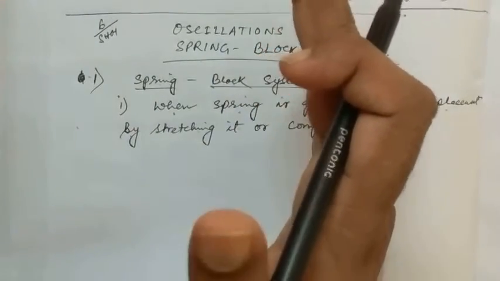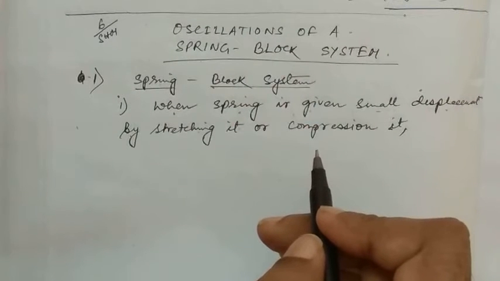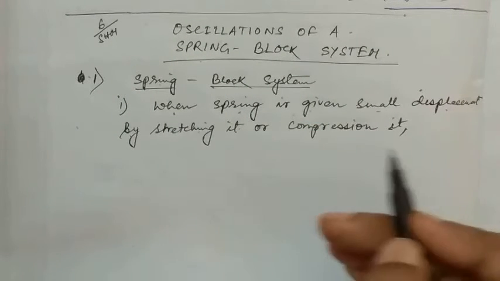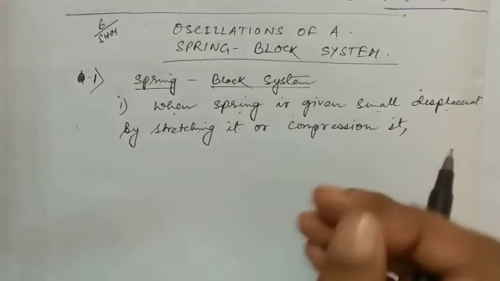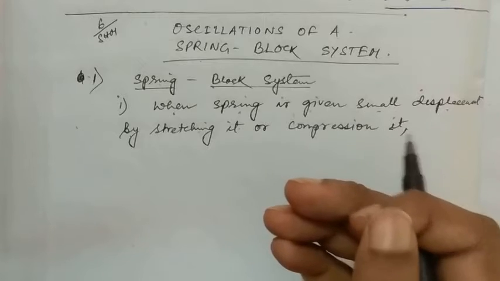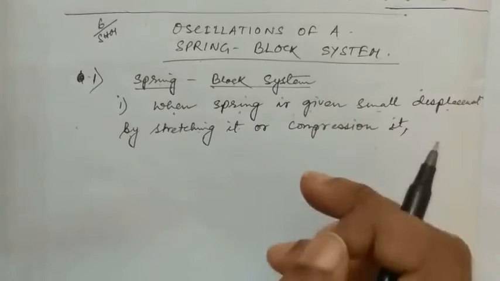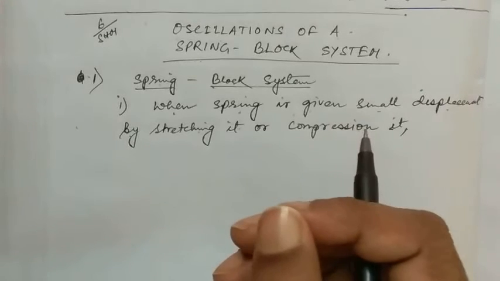It obeys Hooke's law. Now Hooke's law you have not studied because I have skipped the chapter of elasticity, but it says that stress and strain are proportional to each other. Now what is stress? Stress is the force per unit area, F by A, and strain can be of two types.